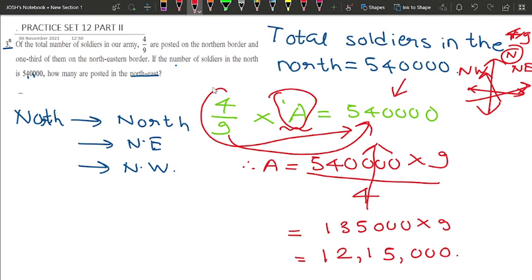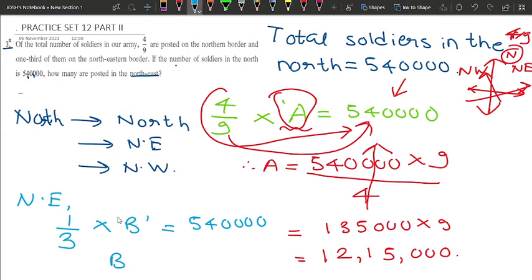Now the soldiers in the northeastern border are, for northeast we have one third of them. So 1/3 are placed in the northeast. So we have 1/3 into say something B equal to 5,40,000.